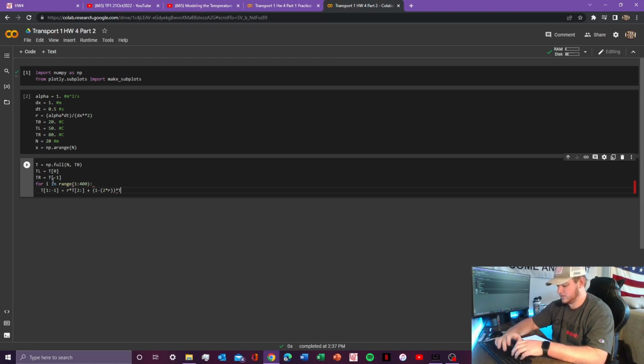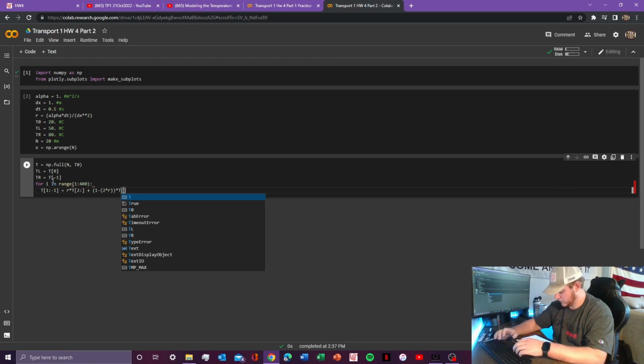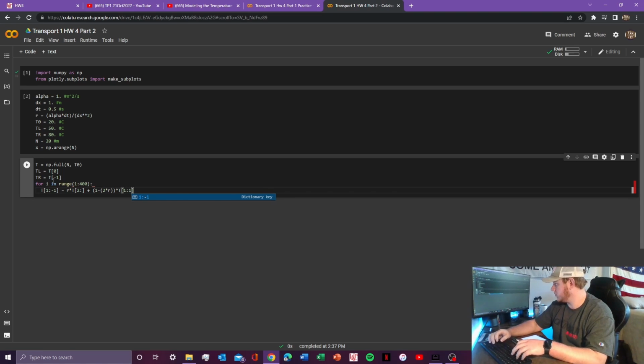That's going to be times T to the T times 1 negative. That's just 1. And then this is going to be plus R times T to the negative 1.